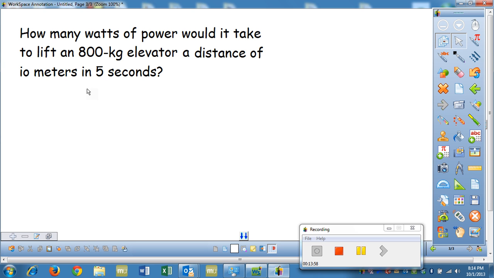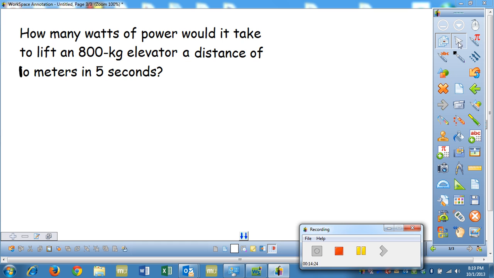Whoops, I was supposed to say 10. Okay, so that's your problem. How many watts of power would it take to lift an 800 kilogram elevator a distance of 10 meters in 5 seconds? So I'm going to pause this. You can pause it, and you can try to come up with a solution.